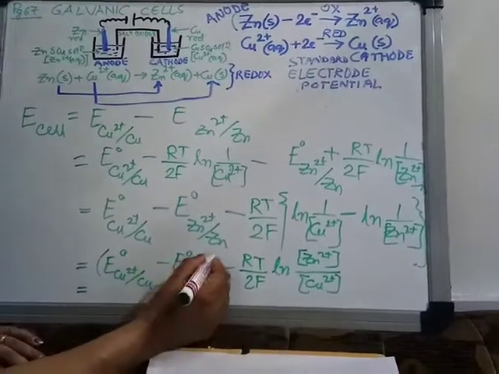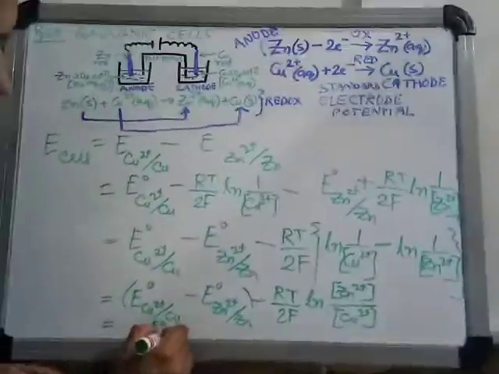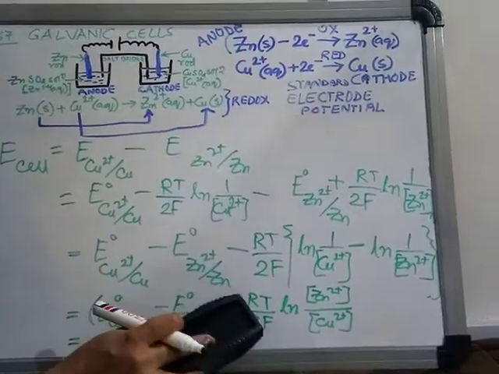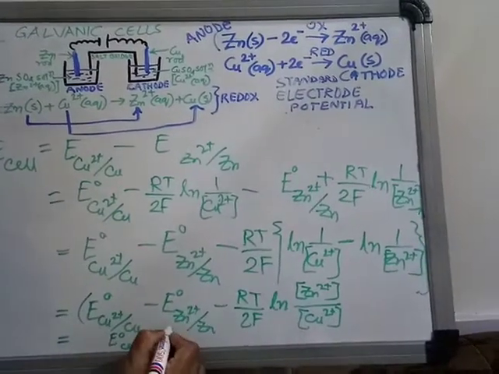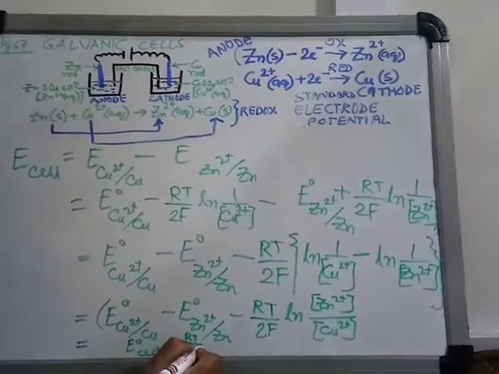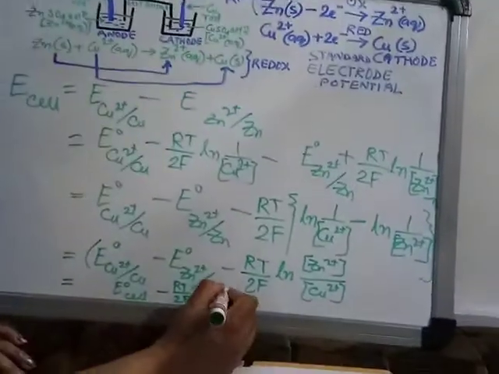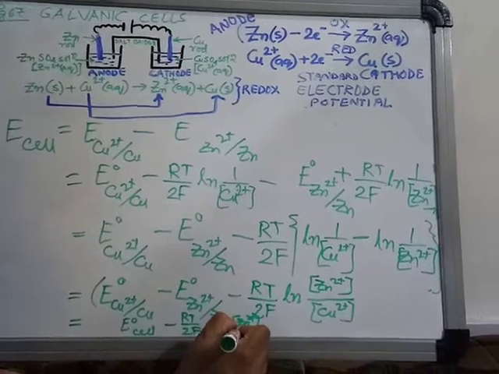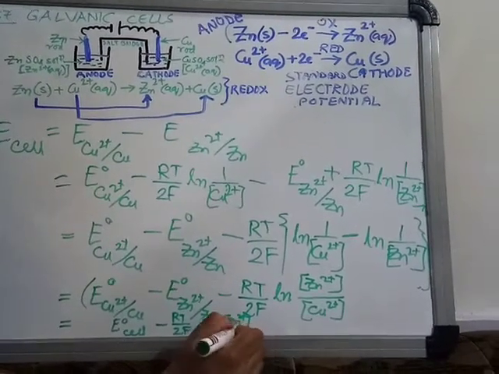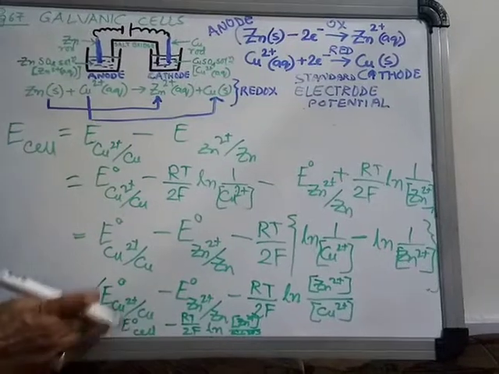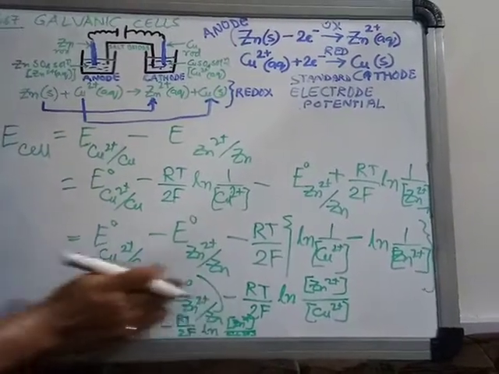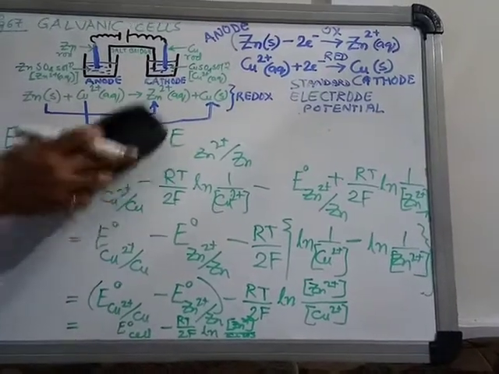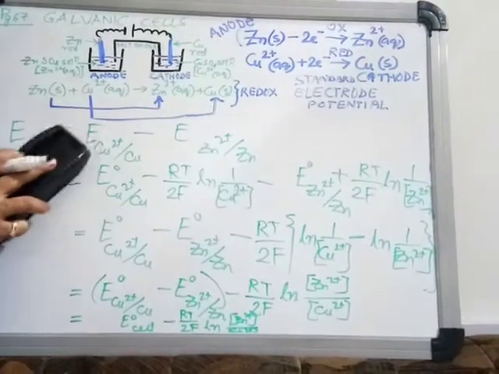See till here, can we not write E0 cell? So E0 cell minus RT by 2F ln of Zn2+ divided by Cu2+. This portion remains the same, only this portion we have converted into E0 cell. So we have taken the help of this equation to arrive at this one. So what is the total?